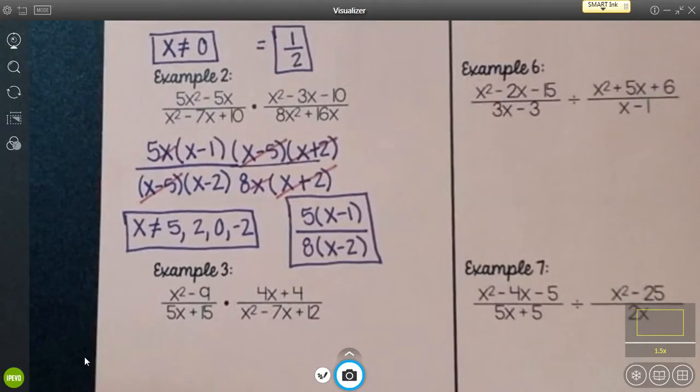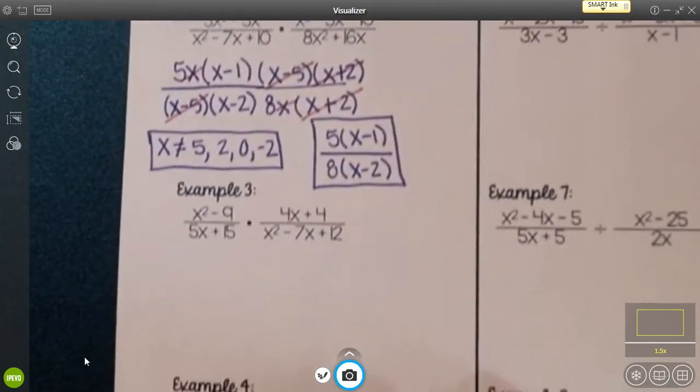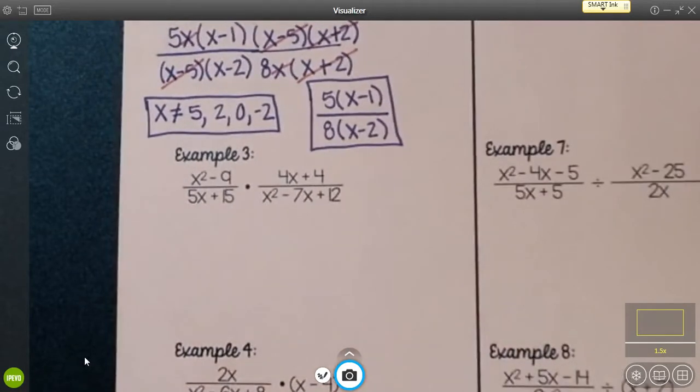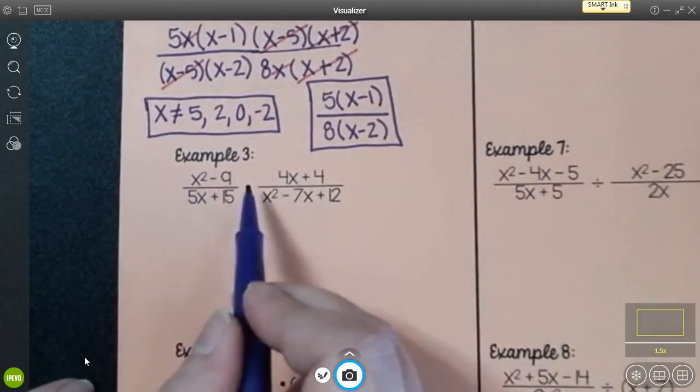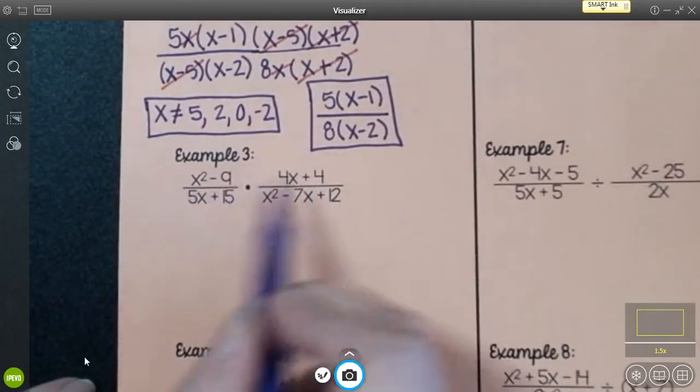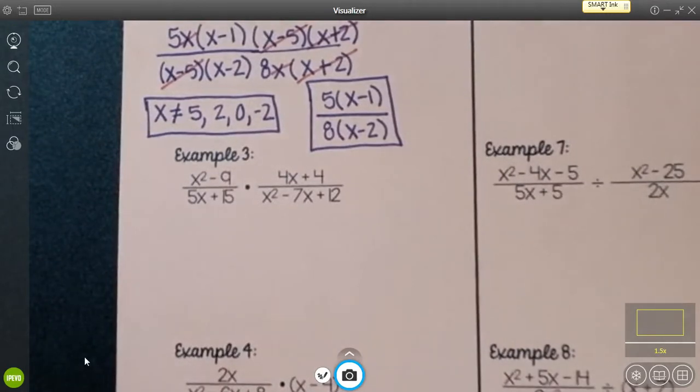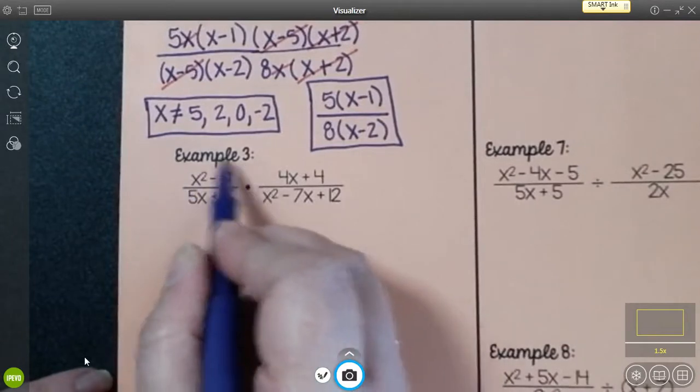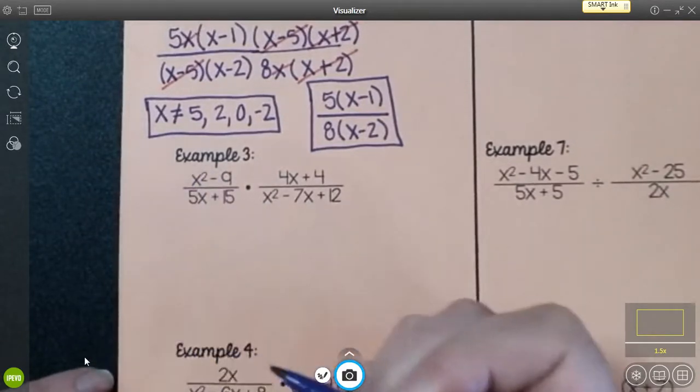Okay, so do you see how it's just a little bit of an extension? Okay. Right here, your first thought is like, oh my gosh, I have to FOIL all that. You don't. We're going to factor and simplify. Okay? So x squared minus 9.